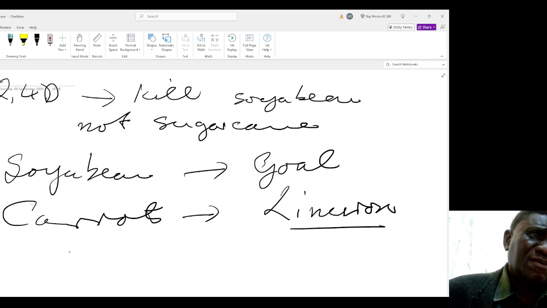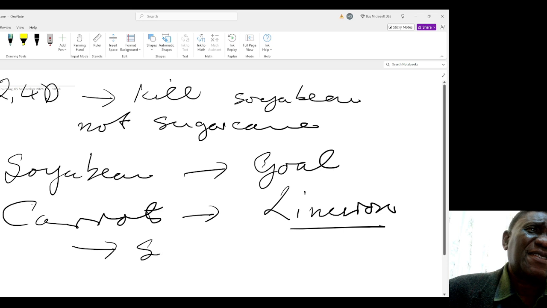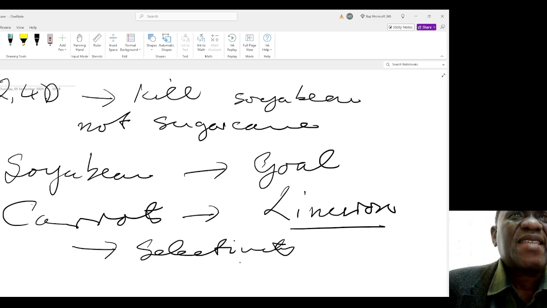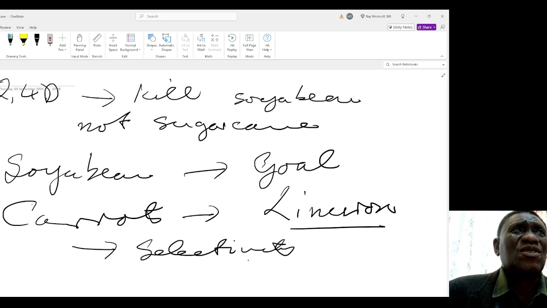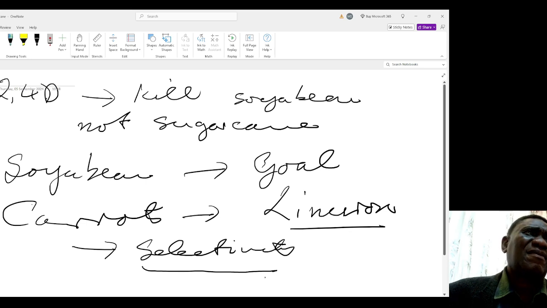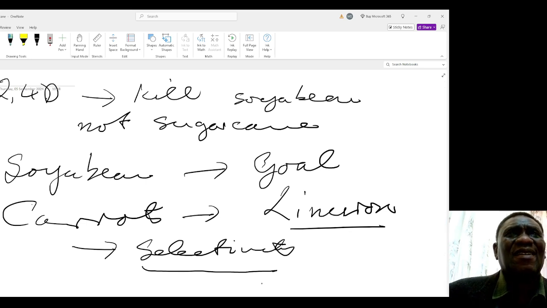Therefore, we have selectivity. So the movement of the herbicide, once it has gone through the cuticle, may determine whether we are going to have a selectivity or not. And we can have good examples from 2,4-D, gall, and linuron.